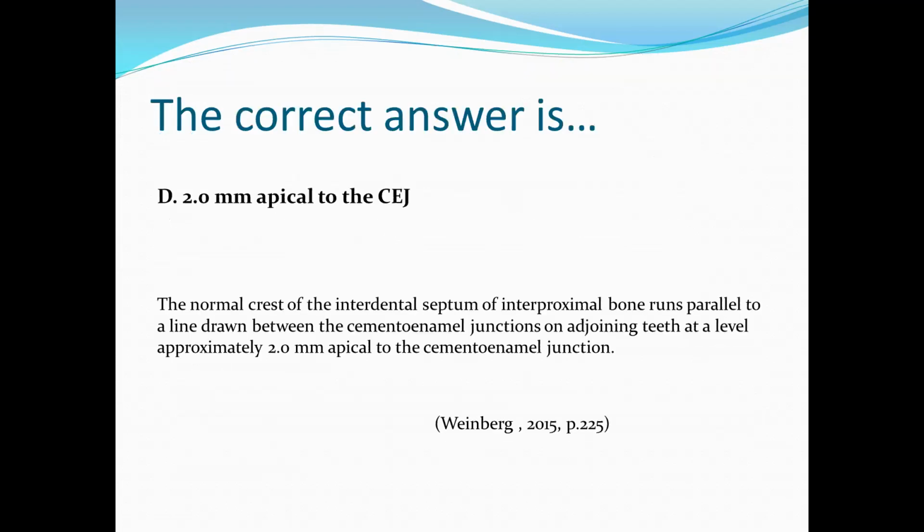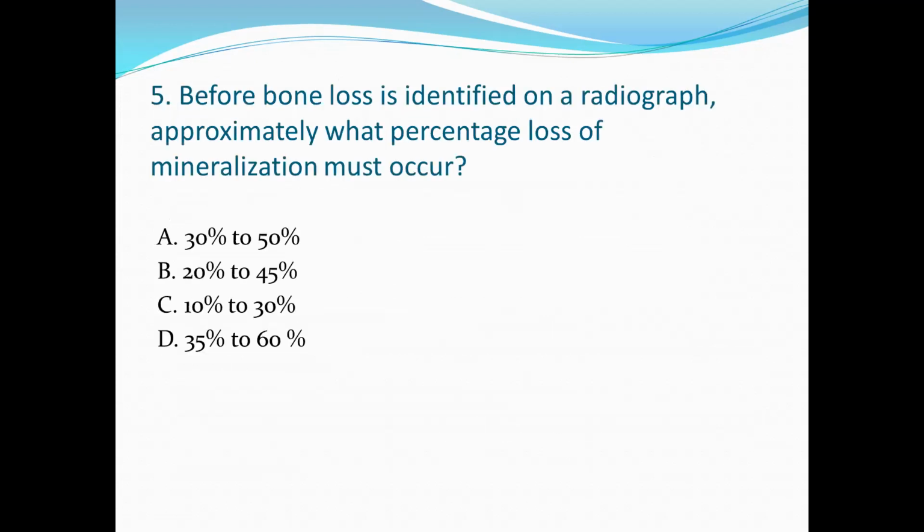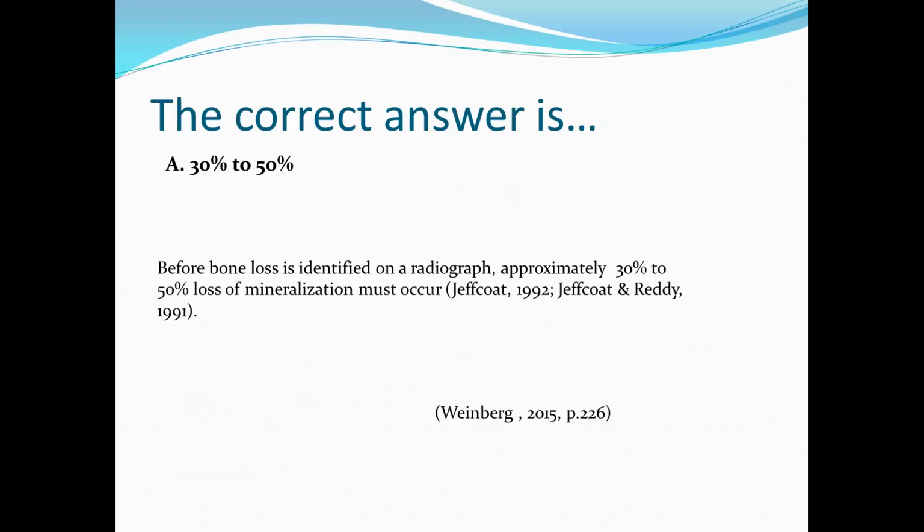Two millimeters, yes. Before bone loss is identified on a radiograph, ooh, I didn't go over this, approximately what percentage of loss of mineralization must occur? Do you remember that? 30 to 50%. Good job.